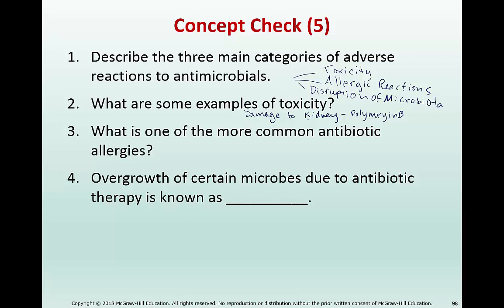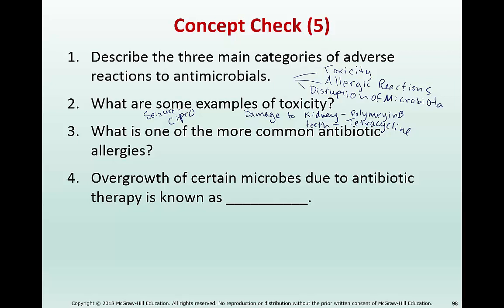Damage to the teeth and skin and bones, that's your tetracycline. We talked about seizures earlier in one of the discussions, like Cipro can cause dizziness and seizures. So those are just a few examples of toxicity.